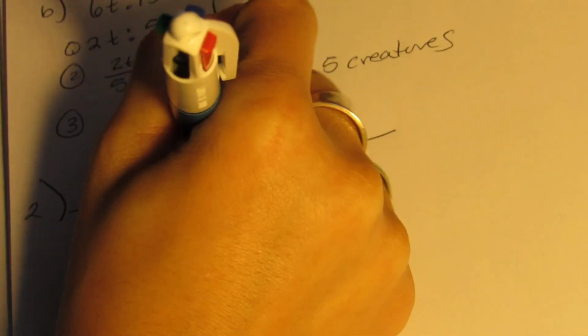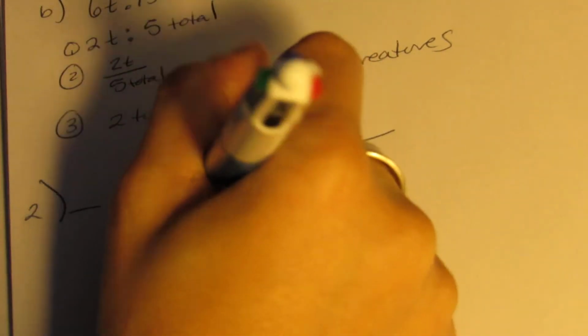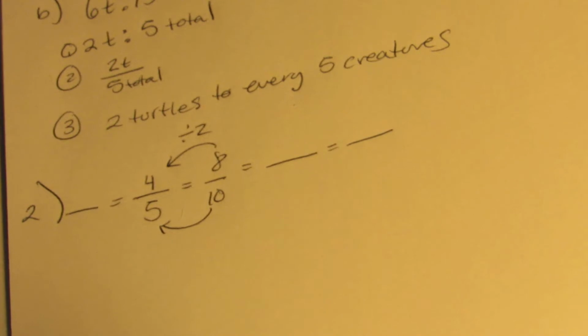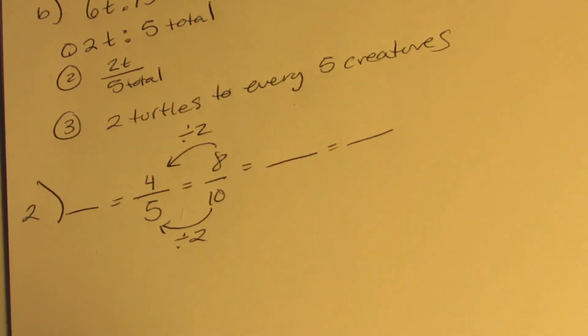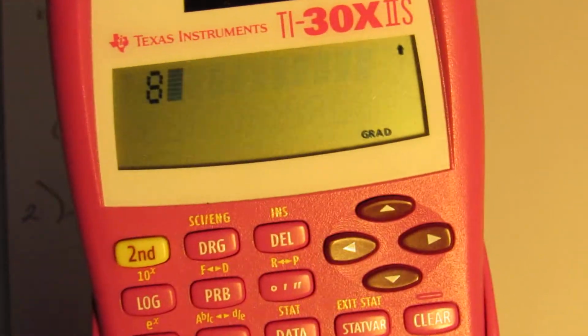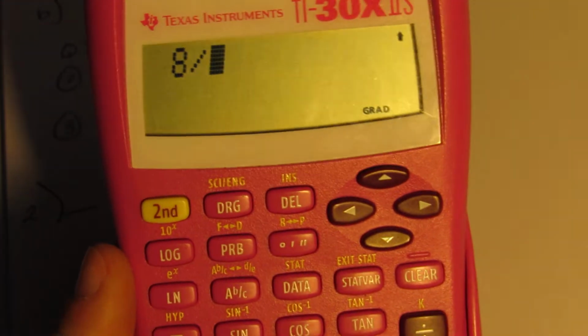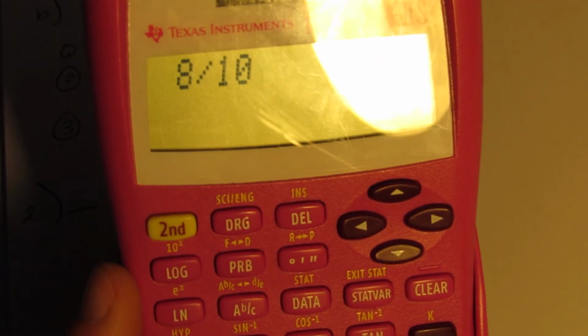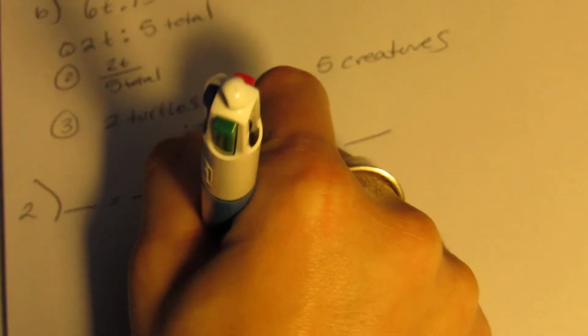I know I got from 8 to 4 by dividing by 2, and I need to make it equivalent, so I will do the same to my denominator. If I divide 10 by 2, I get 5, right? And I told you guys, there's a way you can check yourselves with this. If you take your calculator and divide your original ratio, which is your original fraction, 8 divided by 10, gives you a decimal of 0.8, okay?